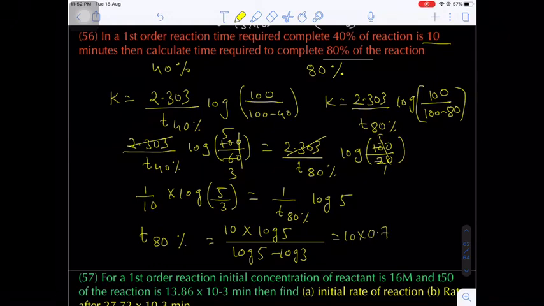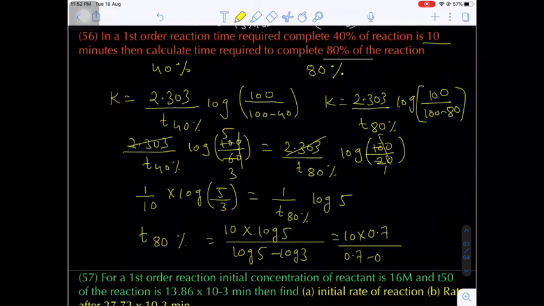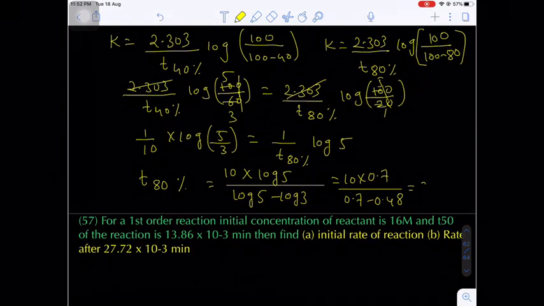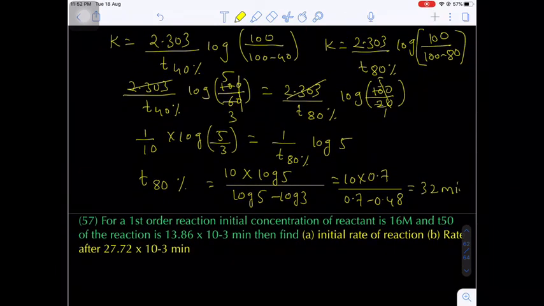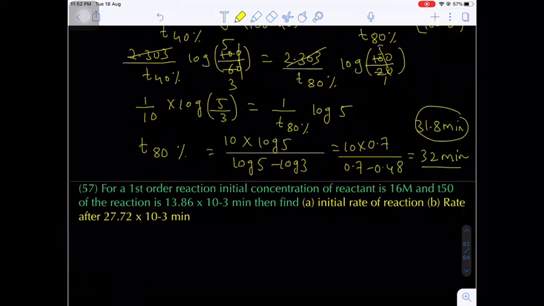So log 5 value 0.7, log 3 0.48. After simplification you will get the answer approximately 32 minutes, exactly 31.8 minutes, and roughly I am writing 32 minutes.